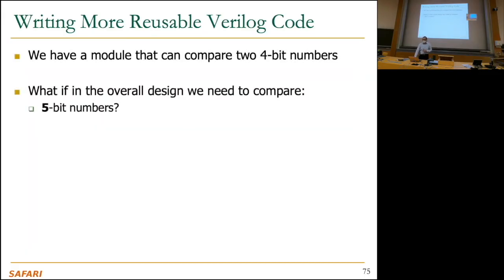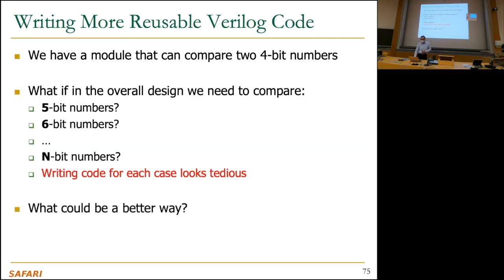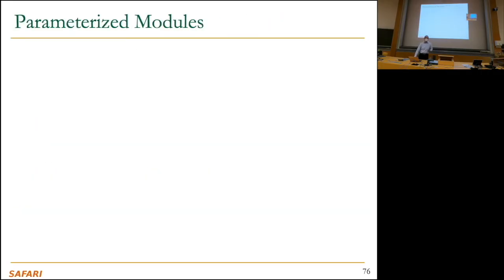Okay, so let's assume that you have a module that can compare 4-bit numbers. What if in the overall design you need to compare 5-bit numbers or 6-bit numbers or 7-bit numbers or n-bit numbers, right? Can you parameterize this? Clearly, writing code for each of these is tedious and it's not fun. It's not nice. So we can have parameter modules. This is, again, hopefully obvious and simple.